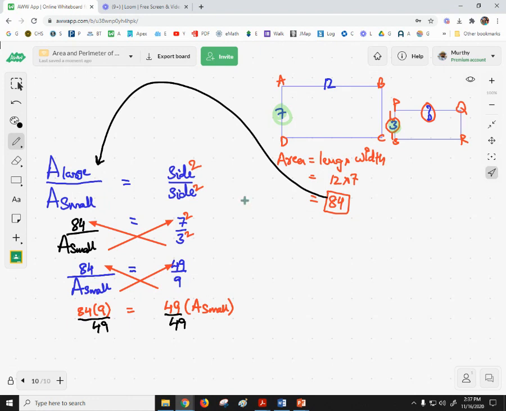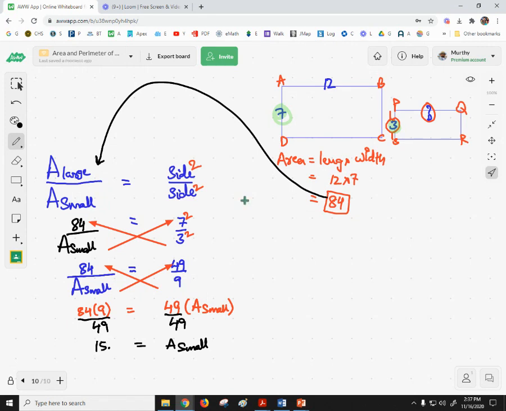And let me grab my calculator and check the answer. So area of the small rectangle equals 84 times 9 divided by 49, which is 15.42.